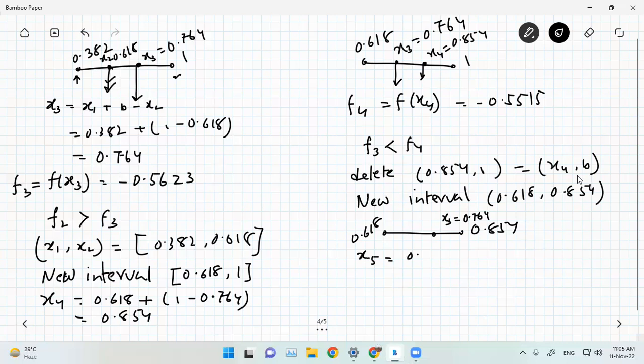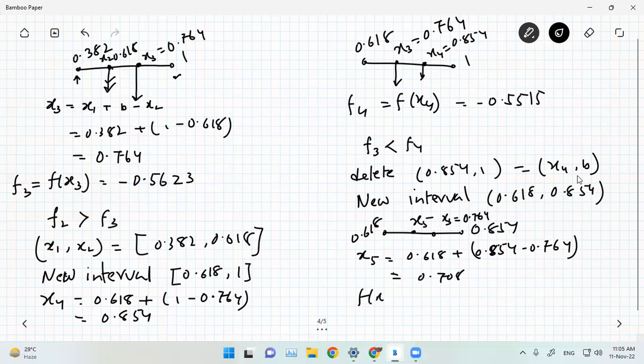So the formula is the same for your x5. First value, that is 0.618, plus your last value, that is 0.854, minus 0.764. That will give us 0.708. As you can see, your x5 appears somewhere here.